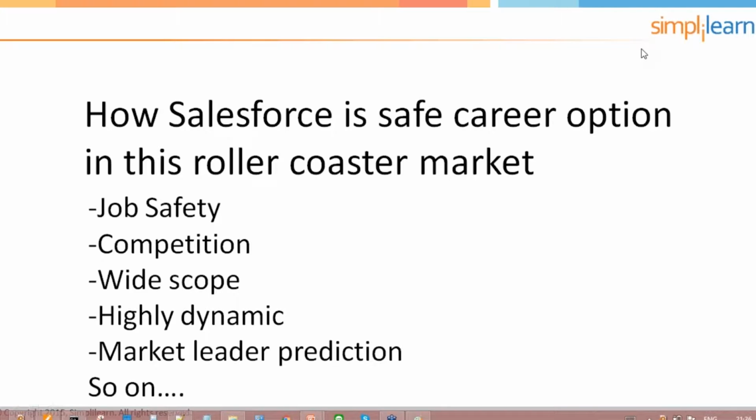Another example, you might have heard of the gadget, or let's say the tool or device, Google Glasses. There are plenty of ways by which you can use the skill of Salesforce on Google Glasses. This is a very good example to understand how Salesforce is dynamic. Something new comes into the market, and Salesforce gives the opportunity there as well.